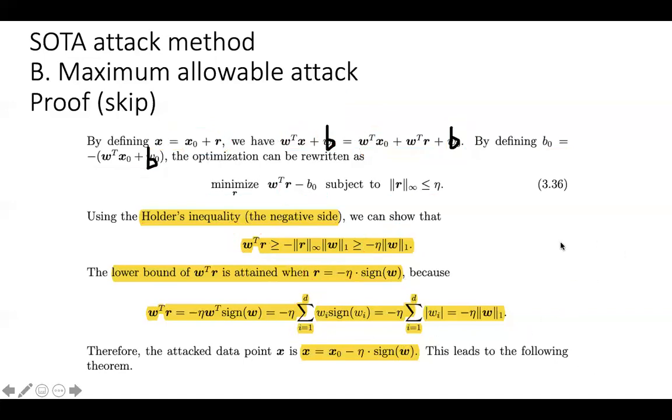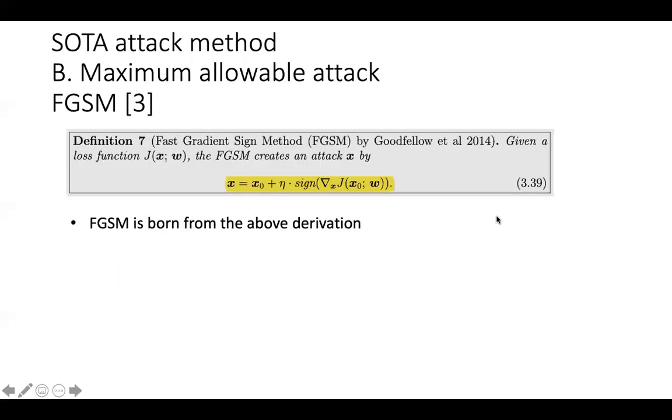I somehow lost the point. So what's the point here? The point is to derive this FGSM attack, just to explain why it is an optimal way. And where does J come from?